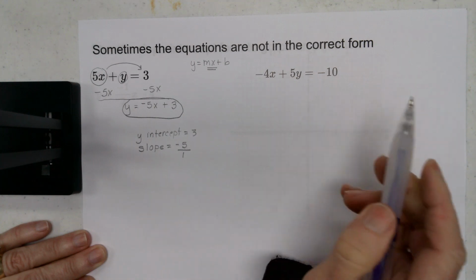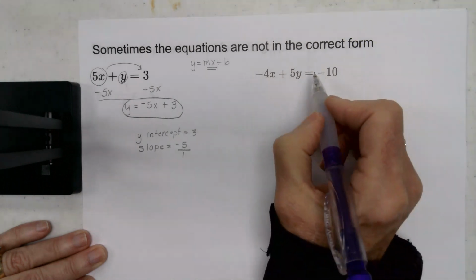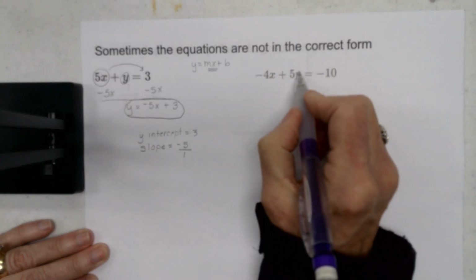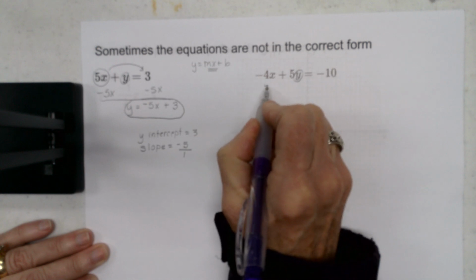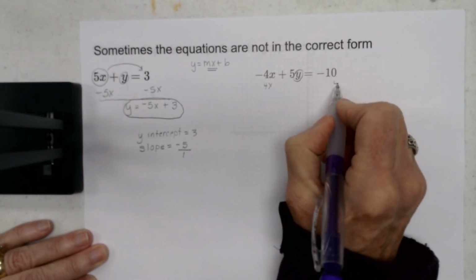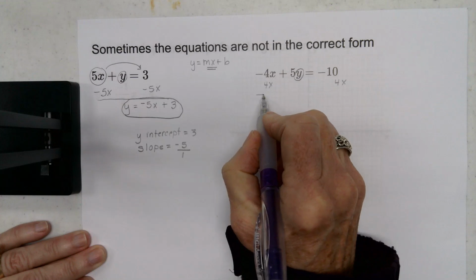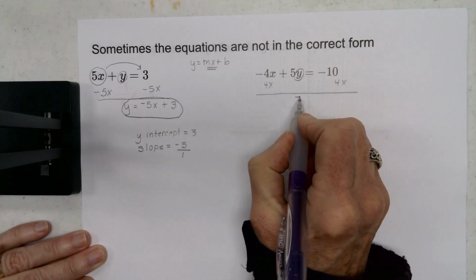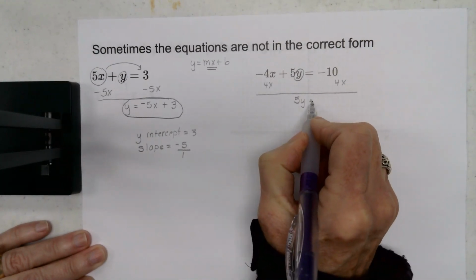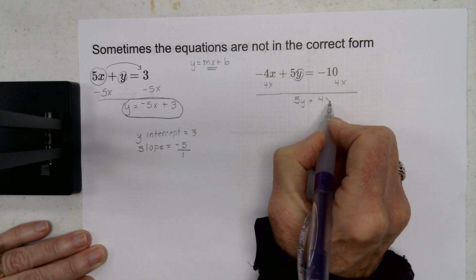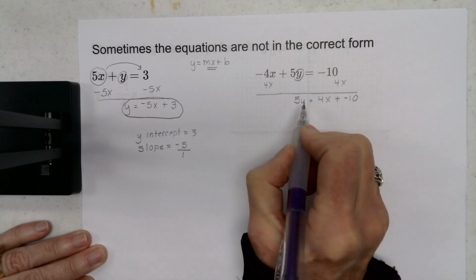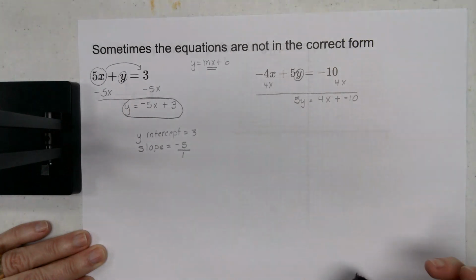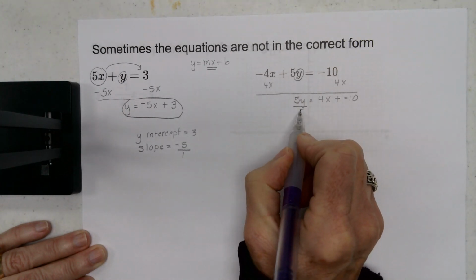Okay, this is another one that we need to get solved in the y equals mx plus b form. So I want the y by itself, so I'm going to add the 4x first because it's farther away from the y. So I'm going to have a 5y left on one side. Remember, I'm going to put the 4x first plus a -10, but I still have to get rid of that 5, so I have to divide both sides by 5.